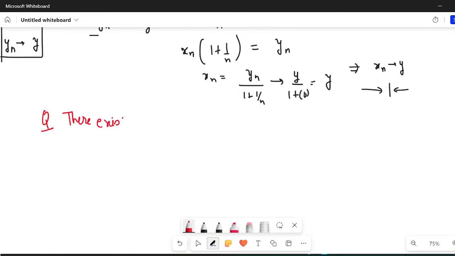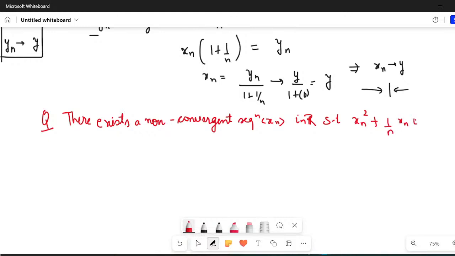There exists a non-convergent sequence xn in R such that xn square plus 1 upon xn is convergent. True or false? You have to tell me whether this sequence is convergent or not.